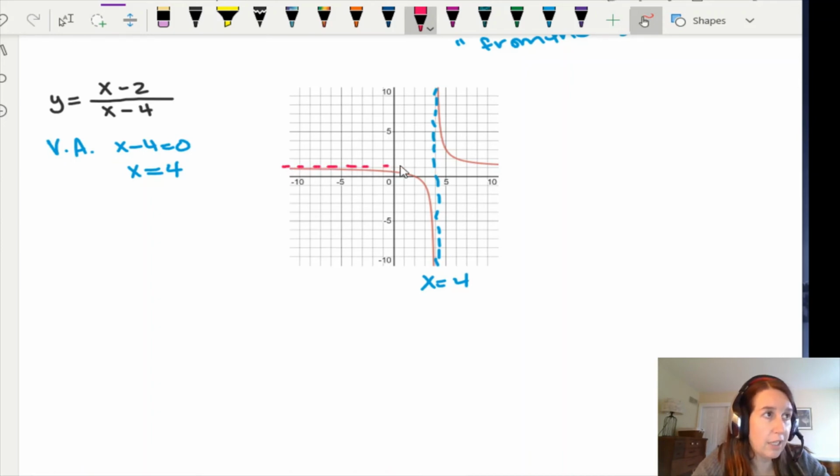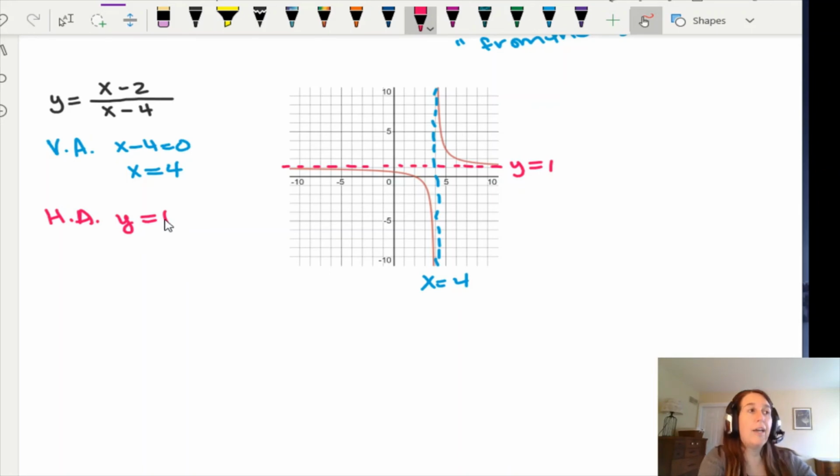In the horizontal direction, I don't know if you can quite tell. I think you can. There's the horizontal asymptote, and it is not at y equals 0. It is at y is equal to 1. Okay, so the horizontal asymptote is at y is equal to 1. We haven't seen that one yet, but we're going to look at all the possibilities for horizontal asymptotes today. So take a look at the equation.